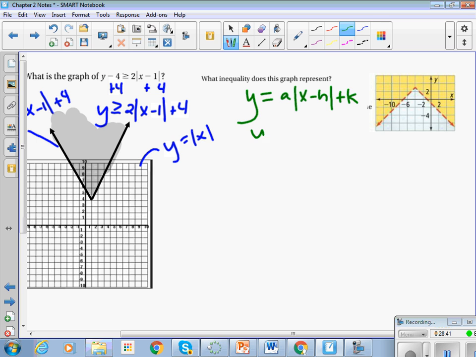So this is going to be y greater than, just greater than, not equals. All right, so this isn't working. I just erased the equal to. All right, so I need to look at the slope of our graph to see if we have a vertical stretch or compress.